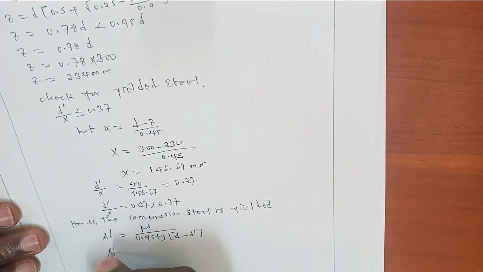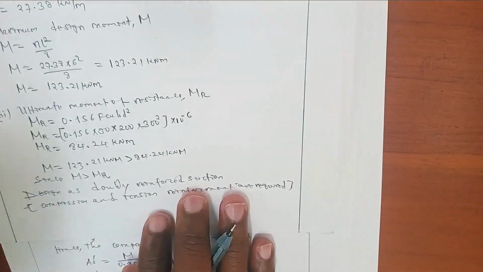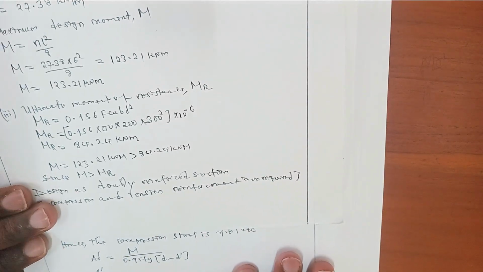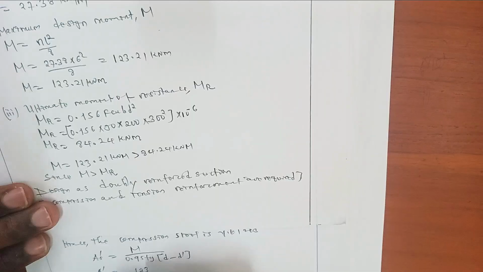Now, let's substitute. Maximum design moment is 123.21 kilonewton meter.